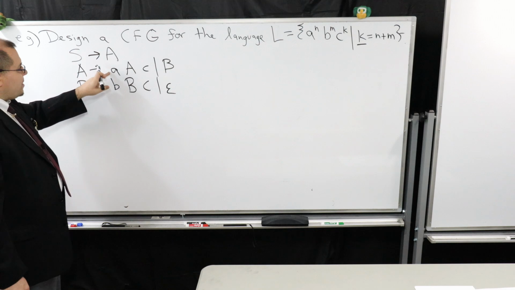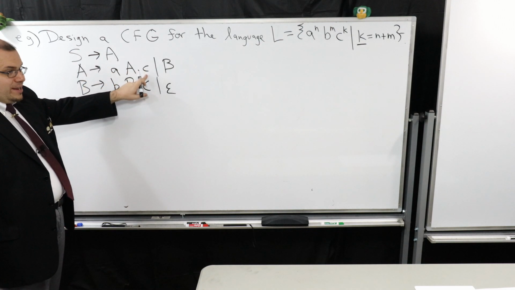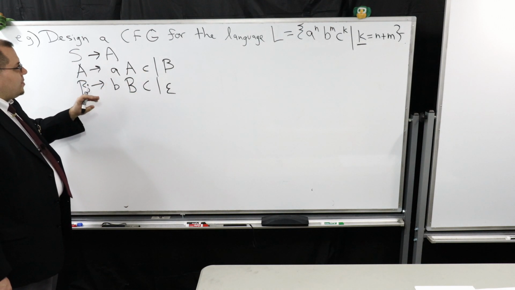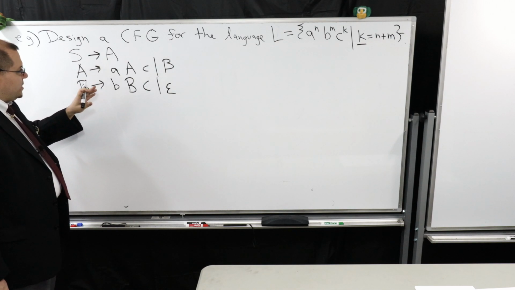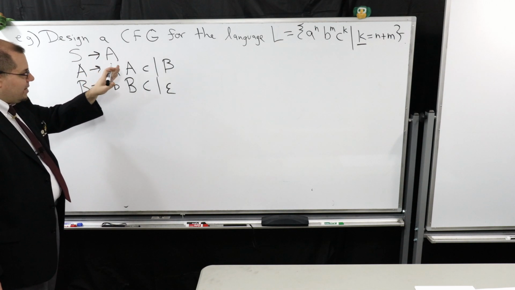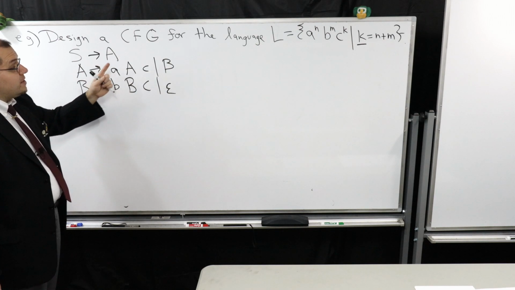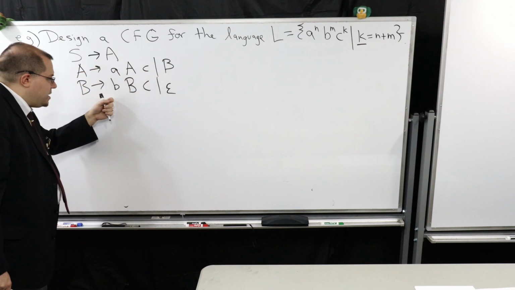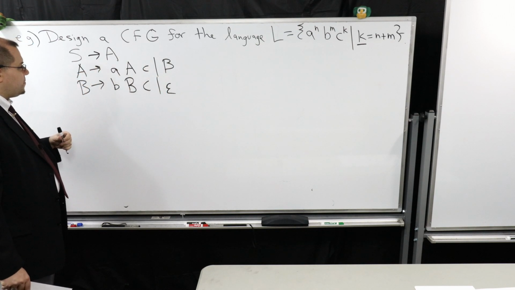So every time I introduce an A, I want to make sure I include a C. So I have the following option. I can either include another A and a C, or I can jump to the next part of this where I introduce a B with a C every single time.